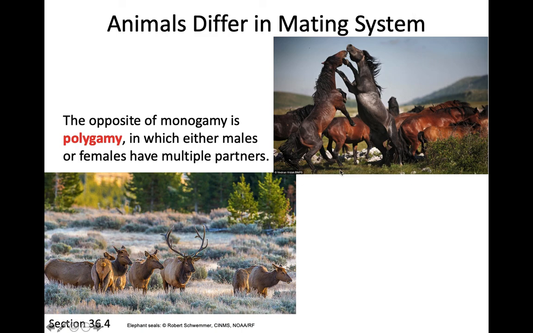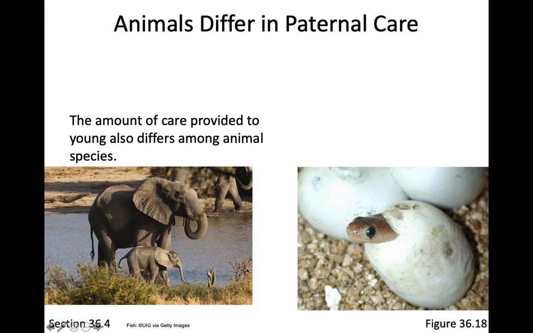Polygamy is more common in the animal world, and this is where one male has multiple partners, or one female has multiple partners, kind of thing. And this tends to be dominated by the males. So you can see our stallions fighting over the females, and our one bull elk that has access to all of his cows, kind of thing.